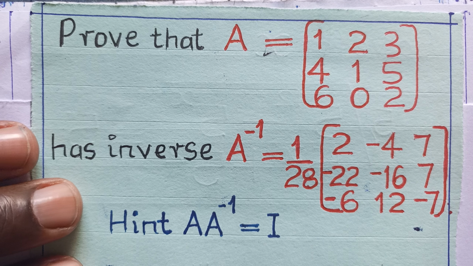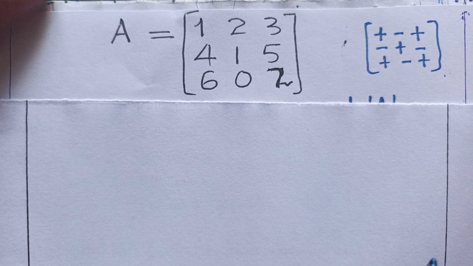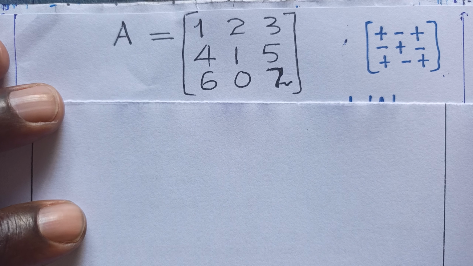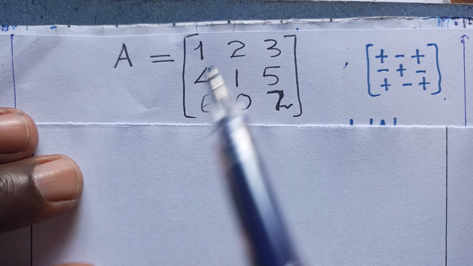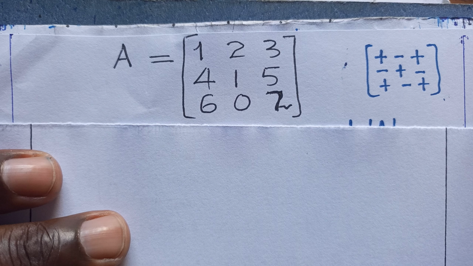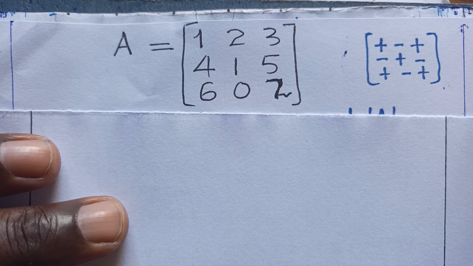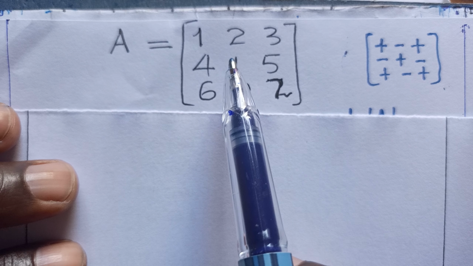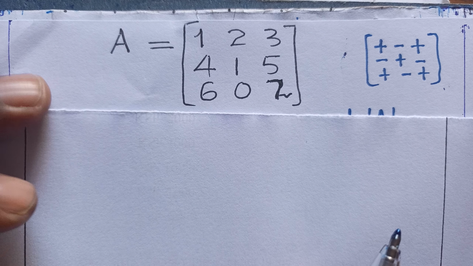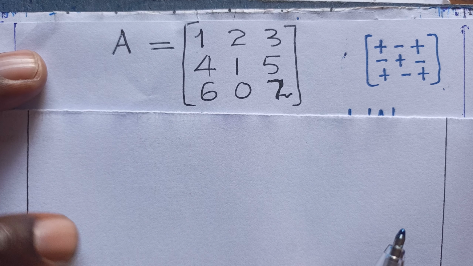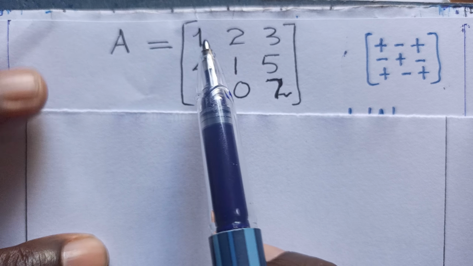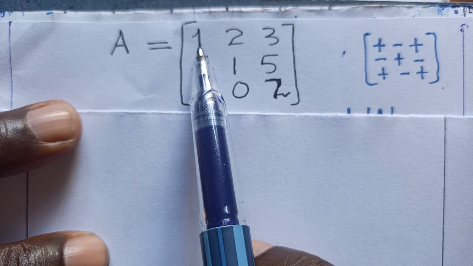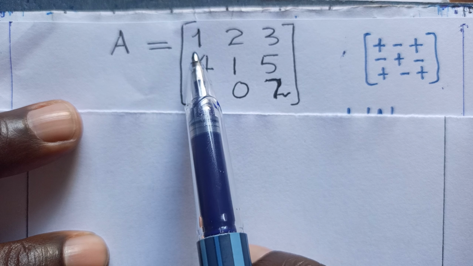And so guys, I start off the question. So we have the question right here. Guys, the first thing we are going to do is to find the determinant of the matrix. For us to find the determinant of the matrix, we are going to have a 2 by 2 matrix represented by this position. Of course, we multiply by 1.